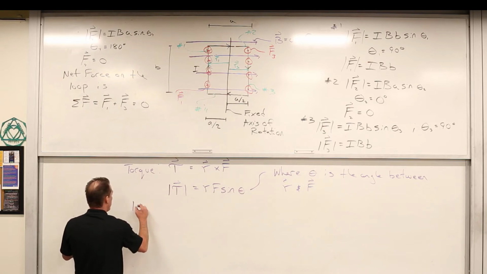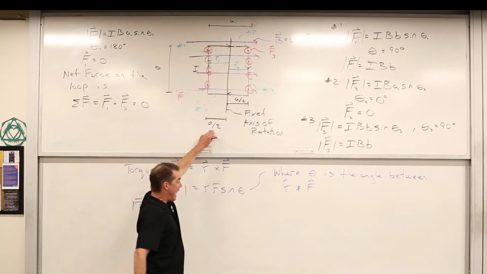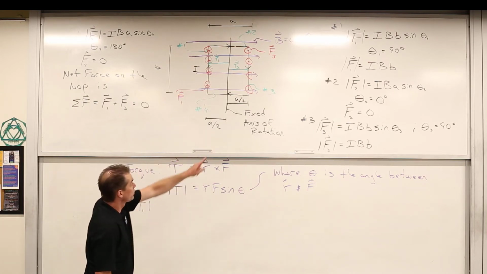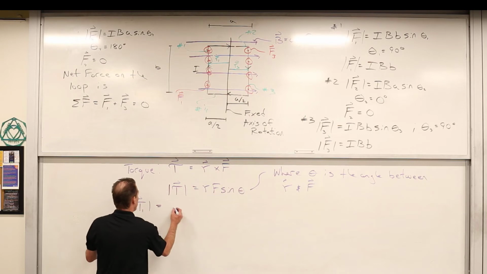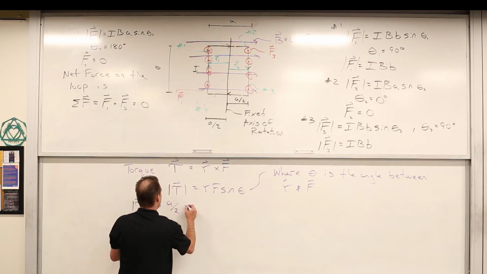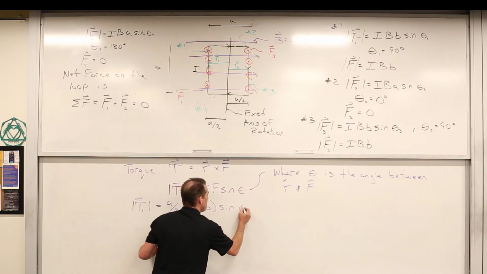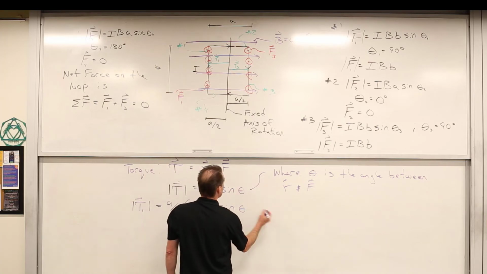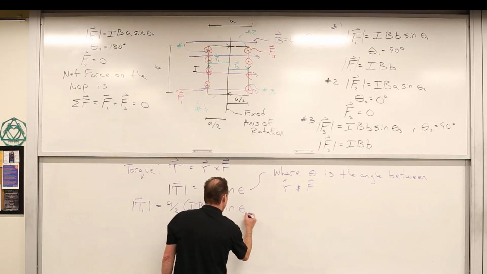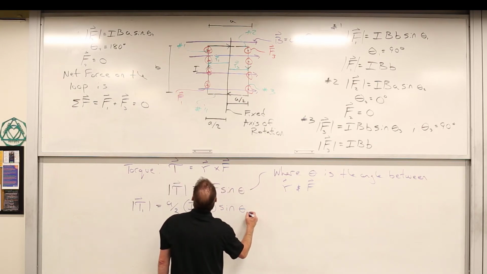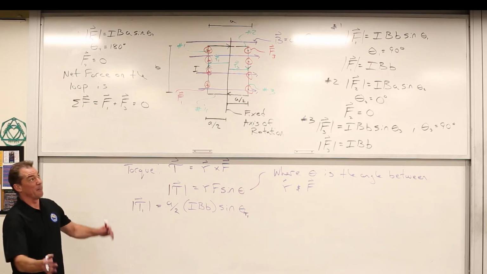So first off, the magnitude of tau 1 is going to be equal to, well, r is going to be A over 2, F is going to be equal to I times b times B, and then we've got the sine of theta. So we've got A over 2 times I times b times B times the sine of theta. I want to be careful calling it theta 1 again, so let me just call this theta sub tau, since we're talking about torque.